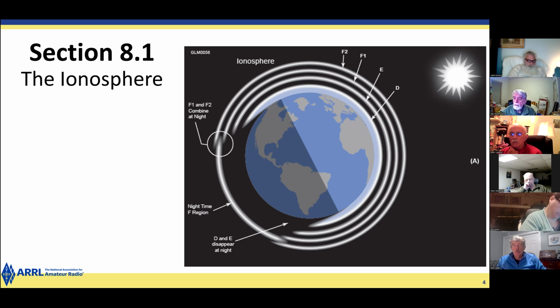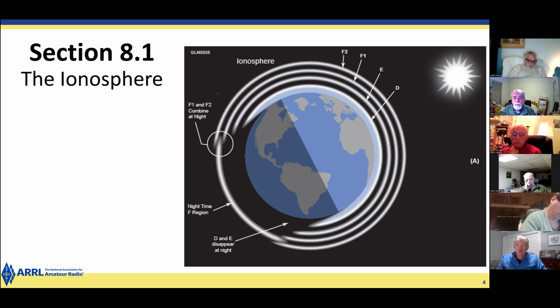And while these charged particles are floating around in near vacuum, they act like a conductor. Not a very good conductor, but nevertheless enough so that they influence radio signals coming up from the Earth's surface.